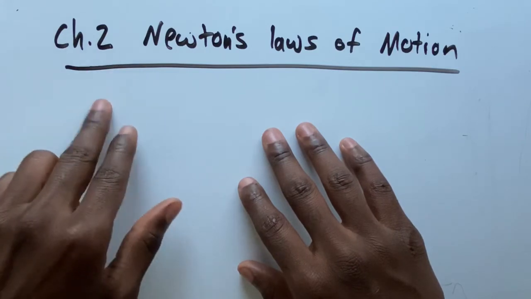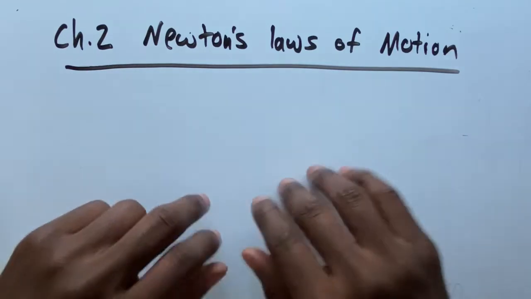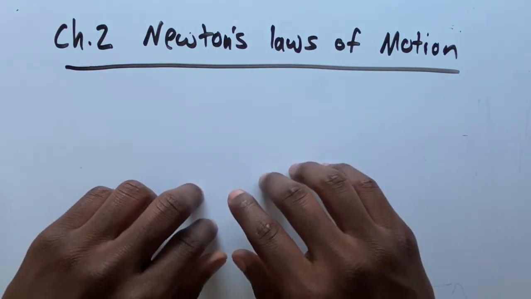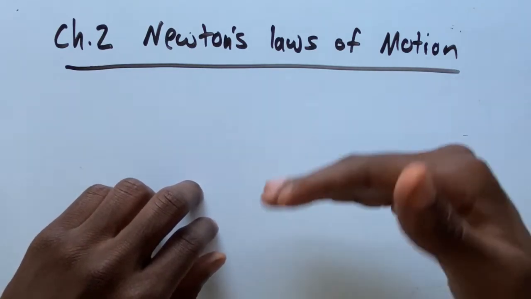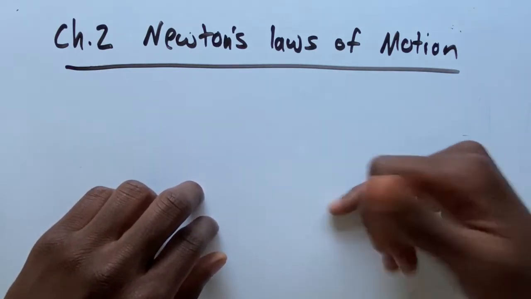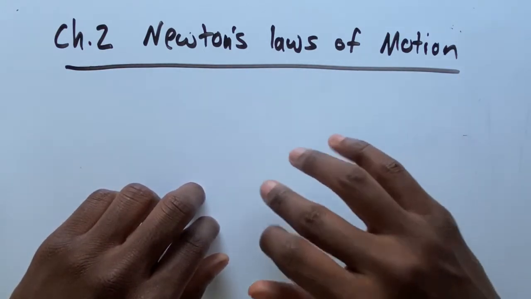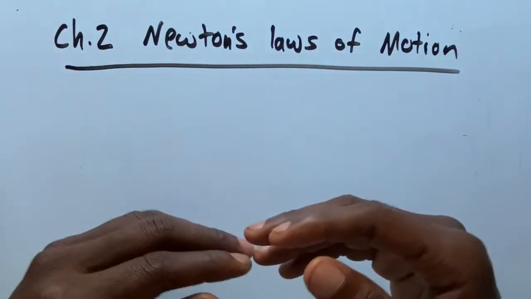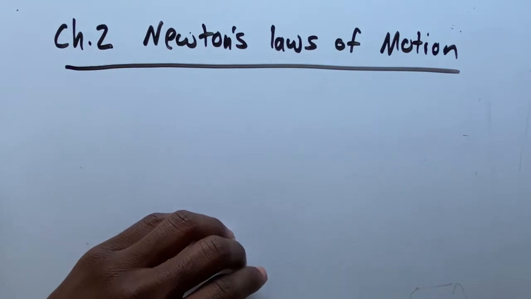Today I'm going to be talking about chapter 2, and chapter 2 is going to be all about Newton's laws of motion, right? So just to remind you, in chapter 1, we talked about motion, and we talked about the different viewpoints of Galileo and Aristotle, where Aristotle was the father of logic and Galileo was the father of experiment. And through experiment, Galileo was able to disprove some of these beliefs that Aristotle had.